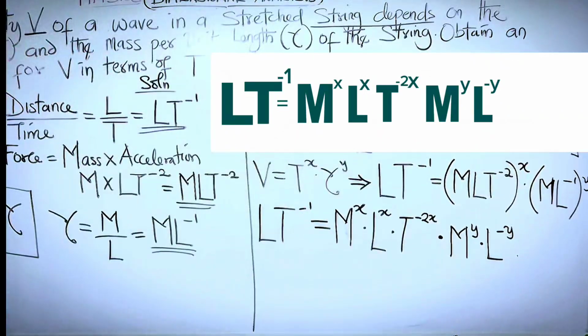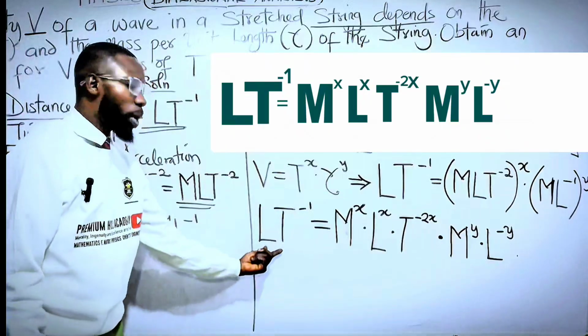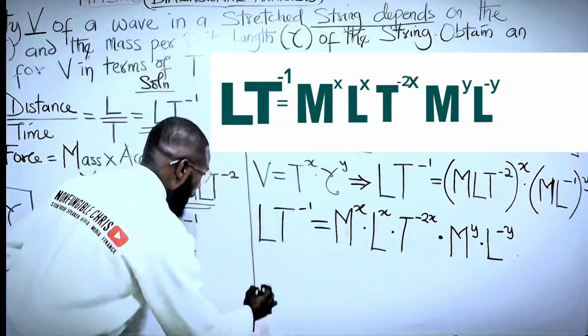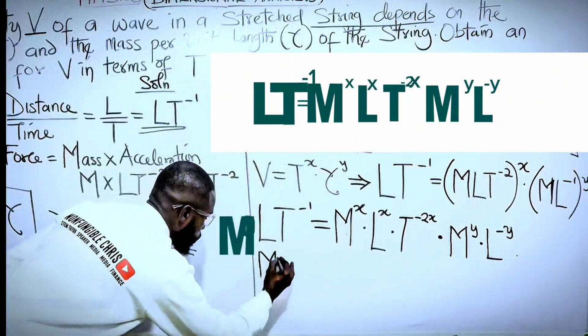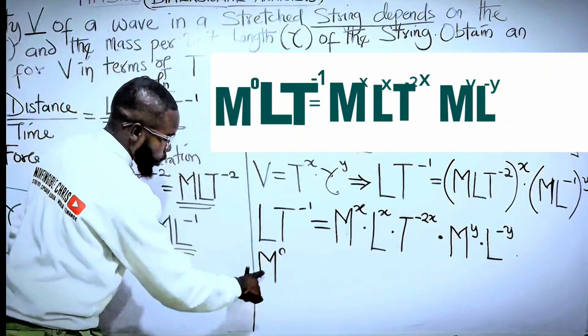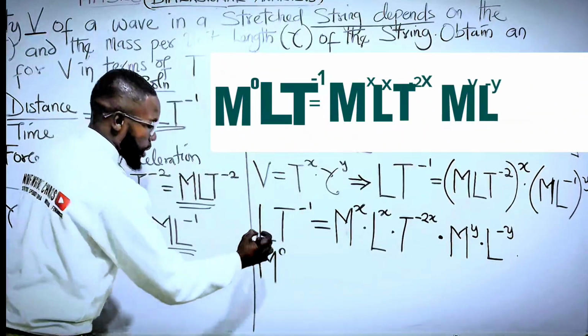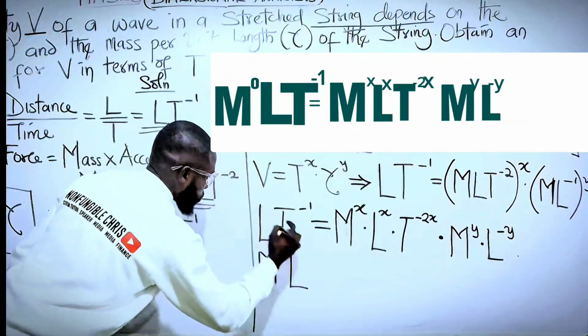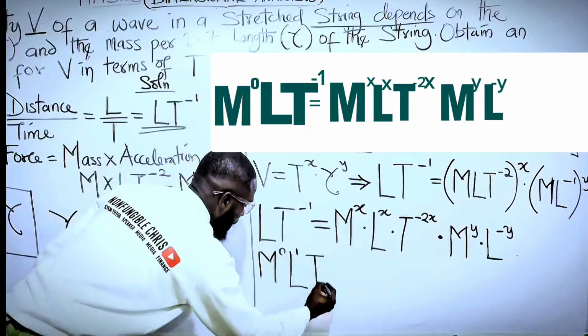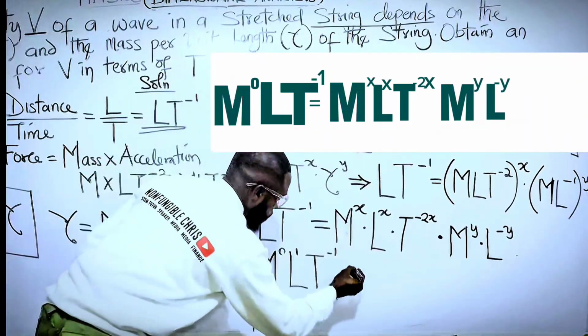Let's take it a bit further. Let's collect like terms. The ones with m, take them one side. The ones with L, take them one side, and the ones with T, take them one side for the right hand side. Now since there's no m on the left, I can simply say let my m be m raised to power 0, because anything raised to power 0 is 1. Multiply this, you get your answer. Times L, since there's nothing here, is 1, and then T raised to power -1.